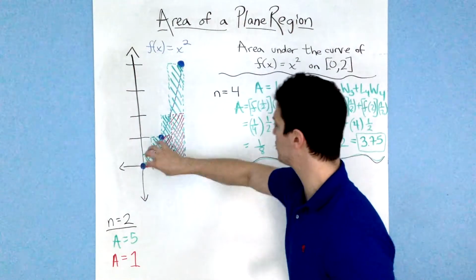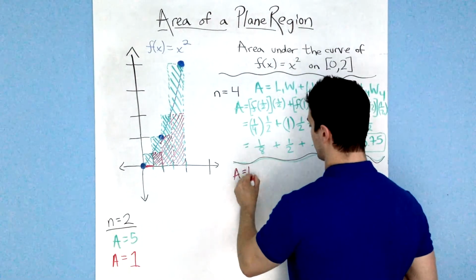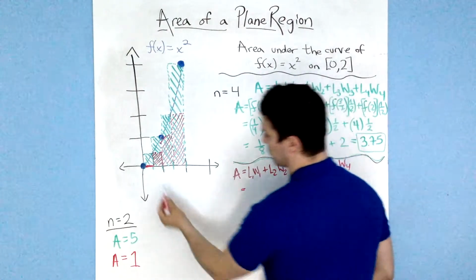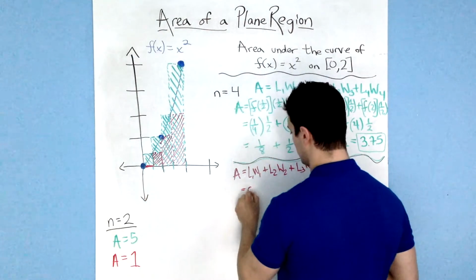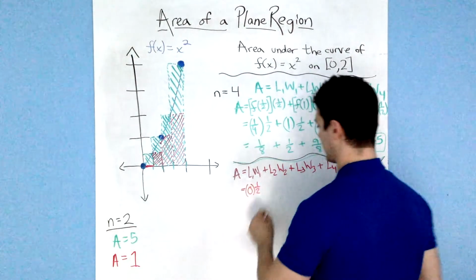Okay, so now what we're going to do is find the total area of these 4 rectangles. Now this is going to be equal to, well, the length right here is 0 times the width of 1/2. So that's just going to cancel out to 0.